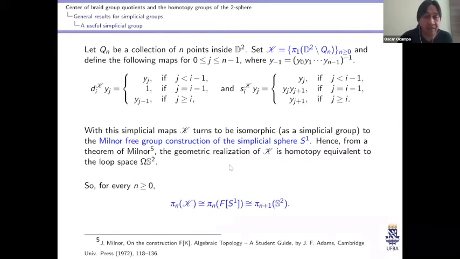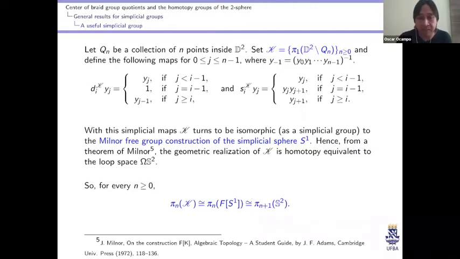So naturally, we have this isomorphism: pi n of K is isomorphic to pi n of the Milnor free group construction of the sphere S1. And since the geometric realization is homotopy equivalent to the loop space, we have this last isomorphism.